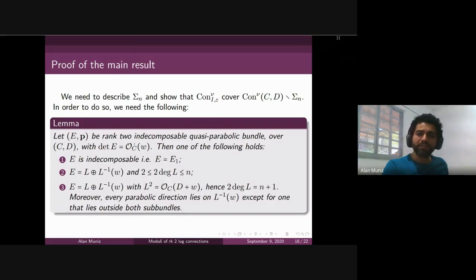So if the underlying vector bundle is indecomposable, then from the determinant, we see that the only possibility is E1.